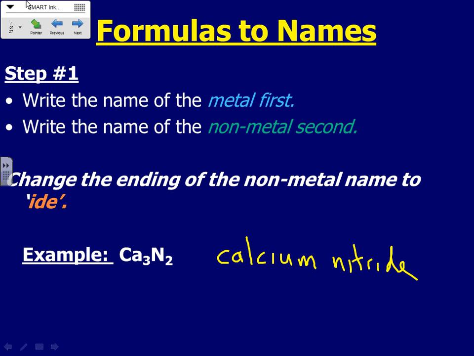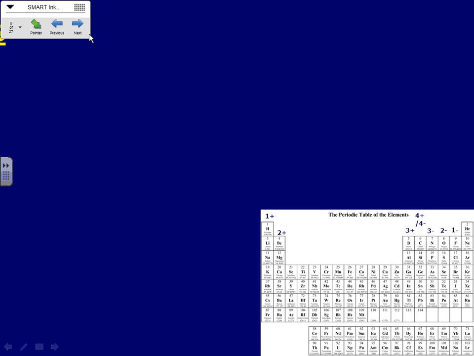This is a molecular substance because there's no metals in it. We'll learn that down the road in a couple of days. When there's no metals in it, it's not ionic, it's a molecular substance, and then we need a slightly different naming system. But the ionic naming system is easy. Don't worry about the numbers. Name the front chunk, name the back chunk, put it down, you're done. It's the easiest naming system that you can think of.